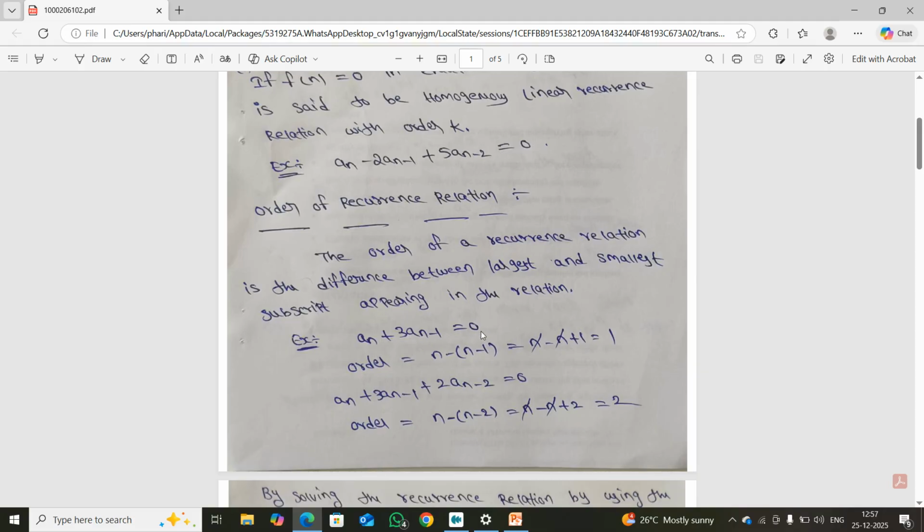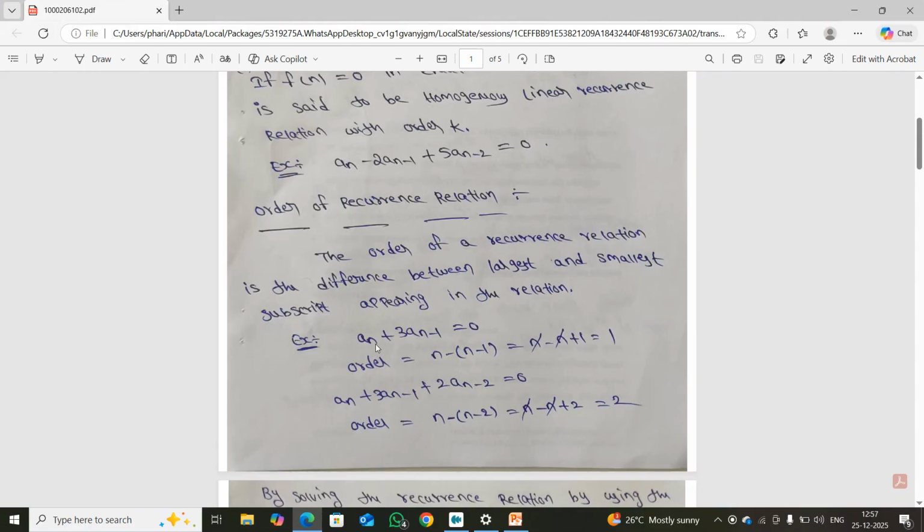This is a homogeneous recurrence relation. The order equals the difference between the largest and smallest subscript.